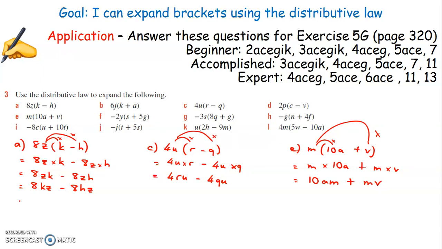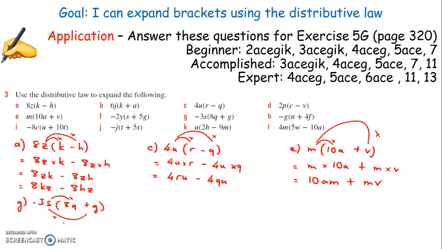Next one we've got G. So G we have negative 3s bracket 8q plus g. So negative 3s times 8q and then negative 3s times g.